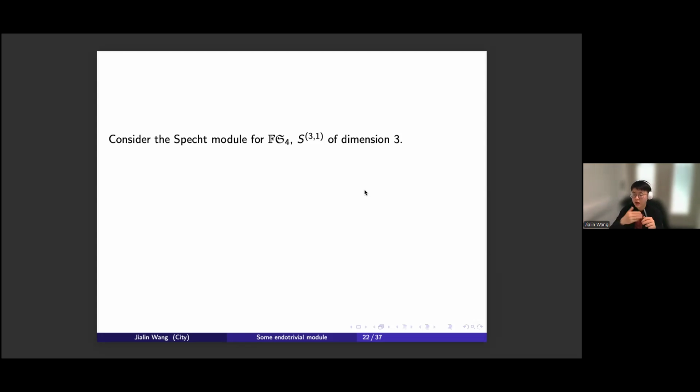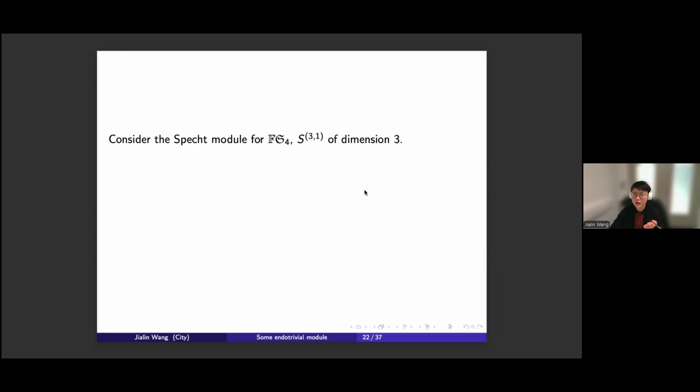In general, they have a characteristic-free basis, and they can be constructed in a combinatorial way, where the basis is given by the standard lambda-polytabloids. Anyway, what I want to say is that this Specht module arises naturally in the representations of the symmetric groups.